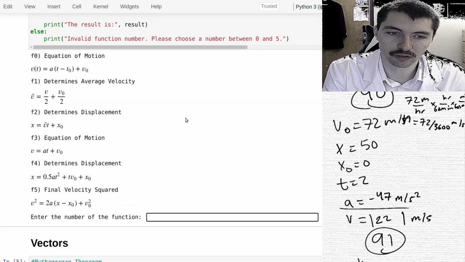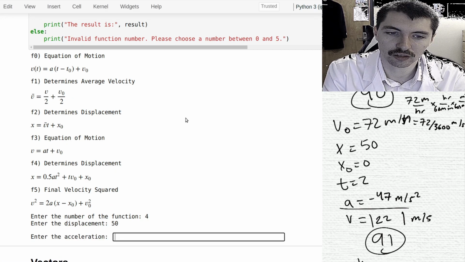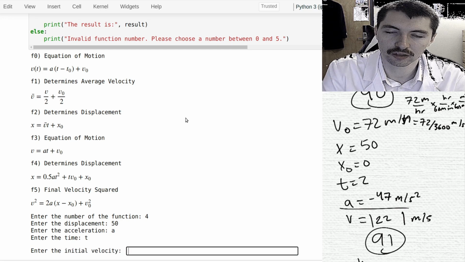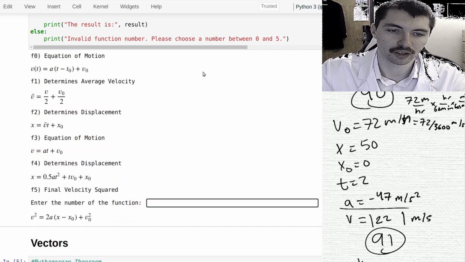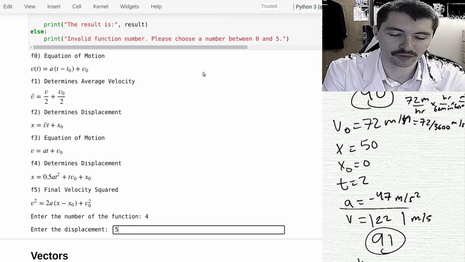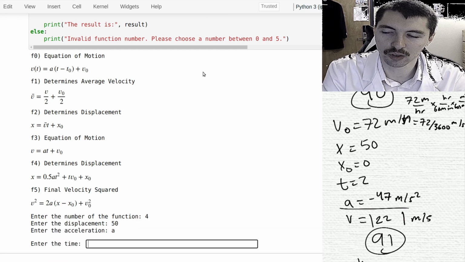So displacement is 50. Acceleration is a t. No. Okay, try again. Equation 4, 50, solving for a. I don't think this acceleration is right.